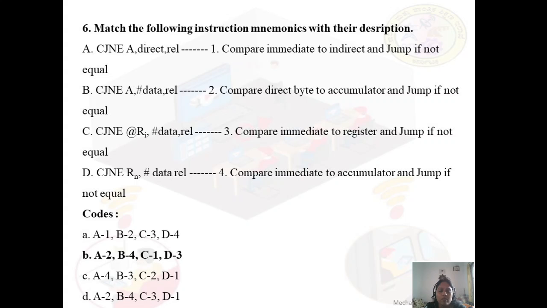You have to match the following. First one, compare immediate data to indirect and jump if not equal. For the first one, CJNE A, direct, relative, compare your direct byte with accumulator and jump if not equal. Understood? So, the answer is B here.